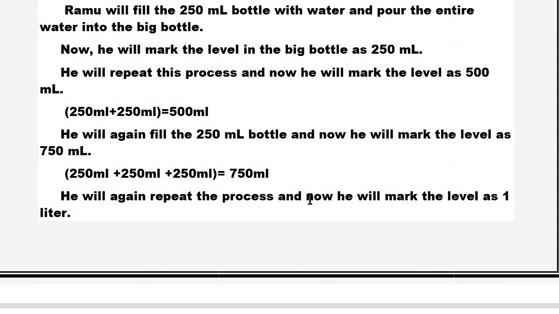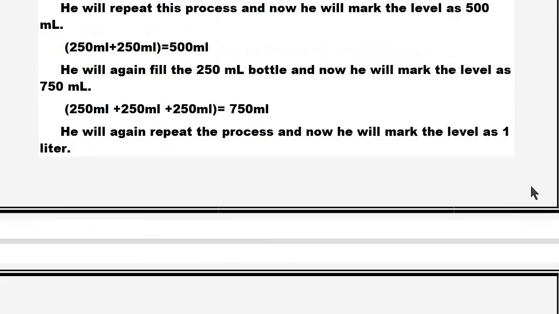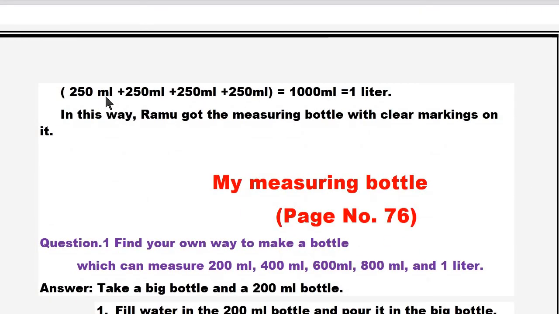He will again repeat the process and now mark the level as 1 liter. 250 ml plus 250 ml plus 250 ml plus 250 ml is equal to 1000 ml, which is equal to 1 liter. In this way, Ramu got the measuring bottle with clear markings on it.